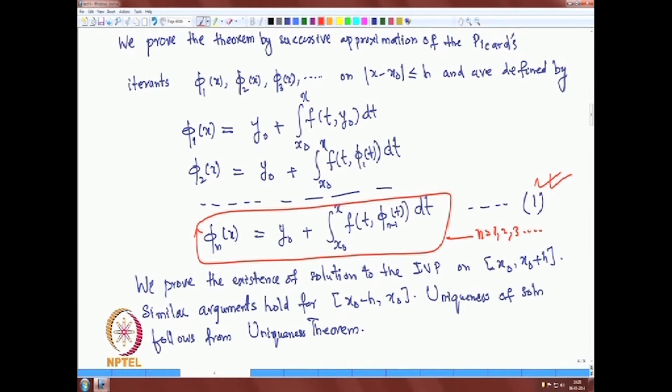The main idea of the proof is we prove that this sequence of functions converges uniformly to a function phi in the interval x0 plus or minus h, and then we show that the limit function is a solution to the initial value problem, and by the uniqueness theorem, which we have already proved, where we used a Lipschitz condition, the solution is unique. The limit function is a solution and the solution is unique.